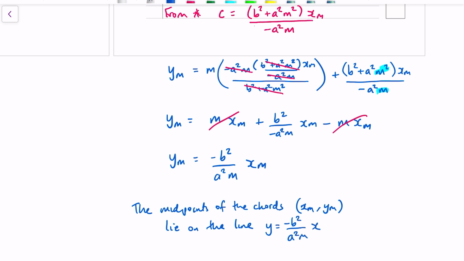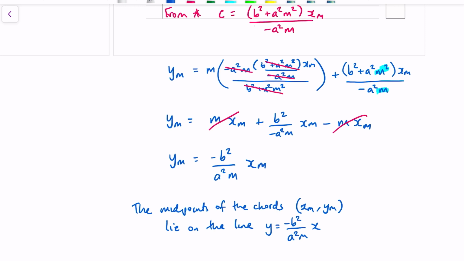In the marking schedule they used capital X and capital Y to distinguish from the x and y in the other equation. I don't think that's too important, although I did use xm and ym the whole way through to make sure that I knew the difference between a specific point and a general point. But now I've switched into general points. I'm talking about xm, ym being just a specific point on a general line. And that's the answer to the question.